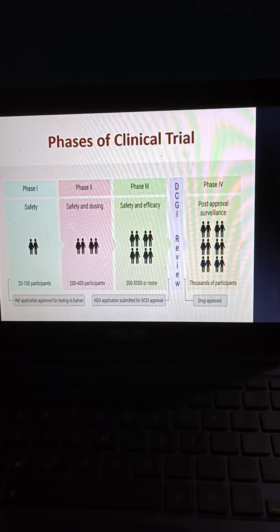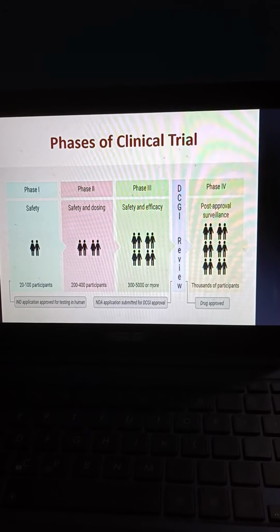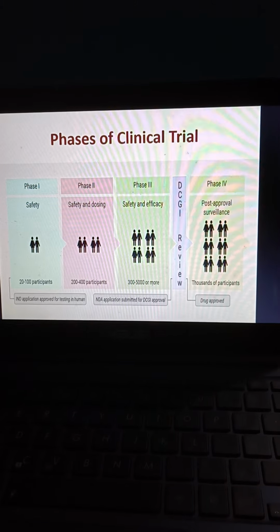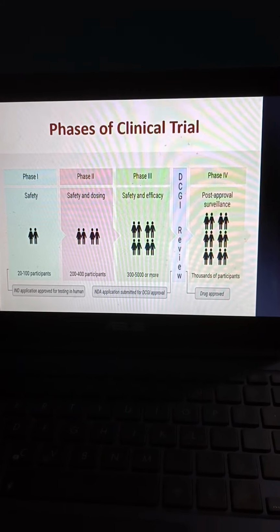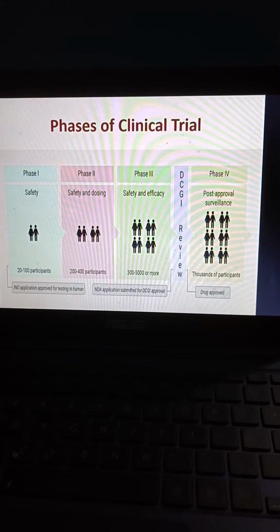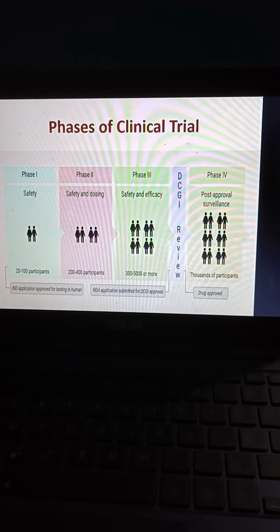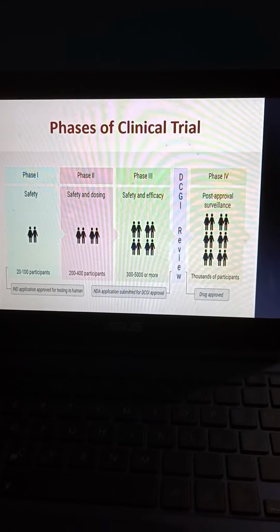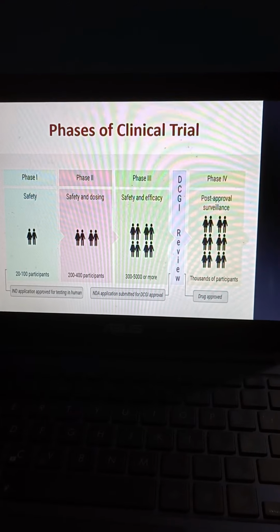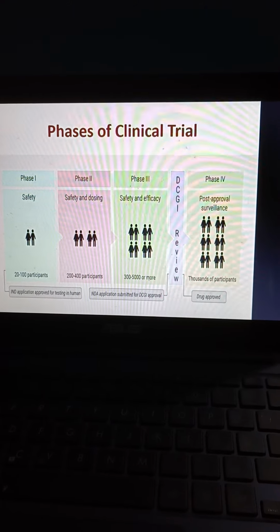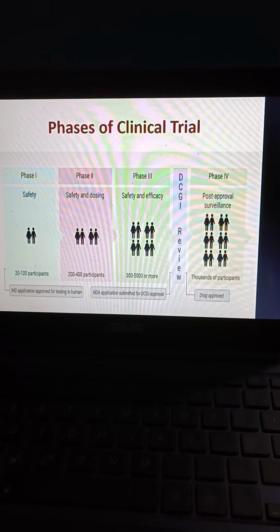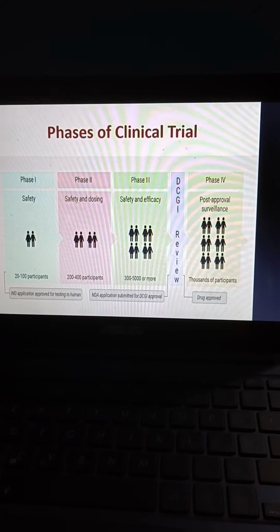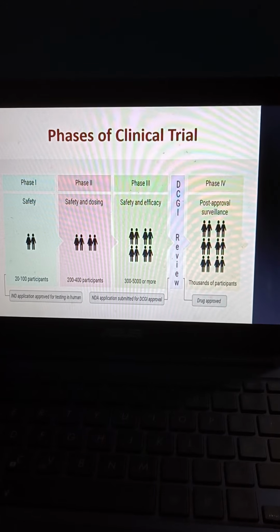Then phase 1 starts, then it goes through phase 2, safety and dosing. Dose finding should be done in phase 2, and 200 to 400 participants are to be enrolled. Phase 2 is the therapeutic exploratory phase.